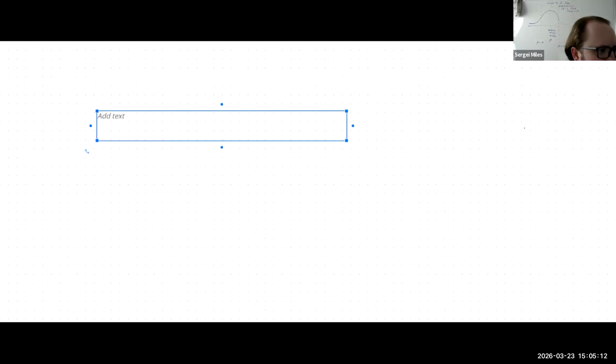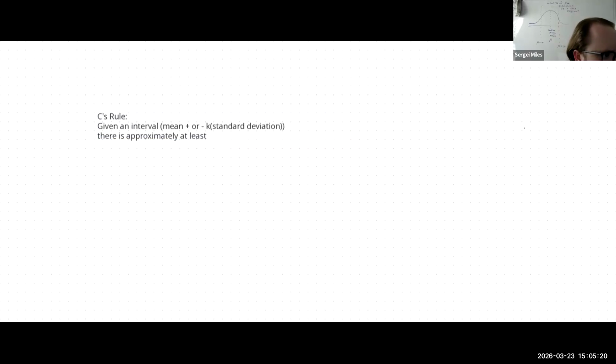All right, and actually, you know what? Let me see if I can type that in as a formula. Text, can I switch it to a formula? Equation. Let me move it. Oops. Yeah.